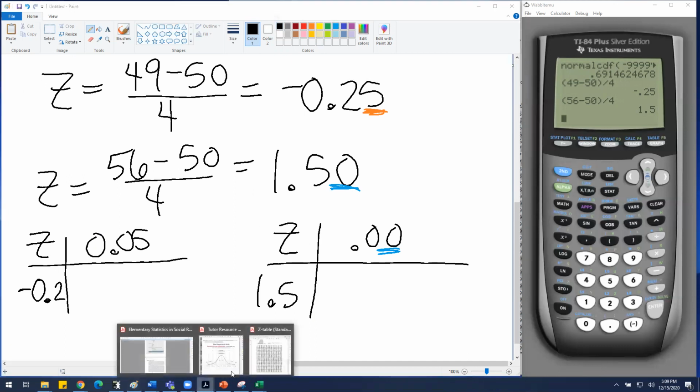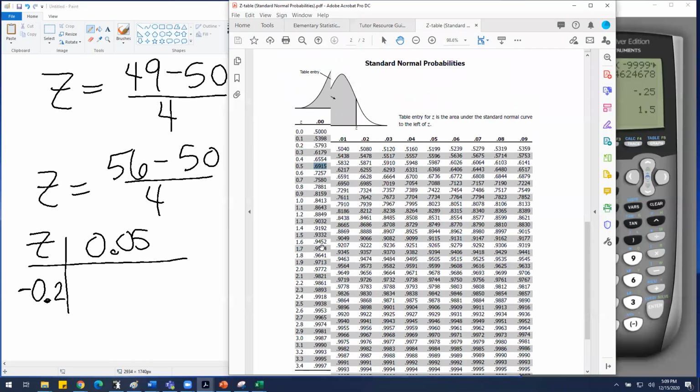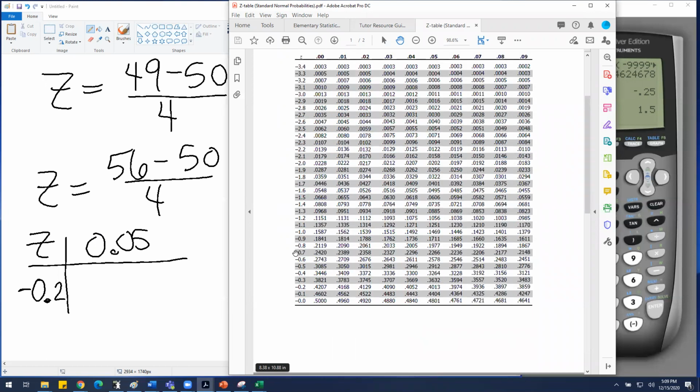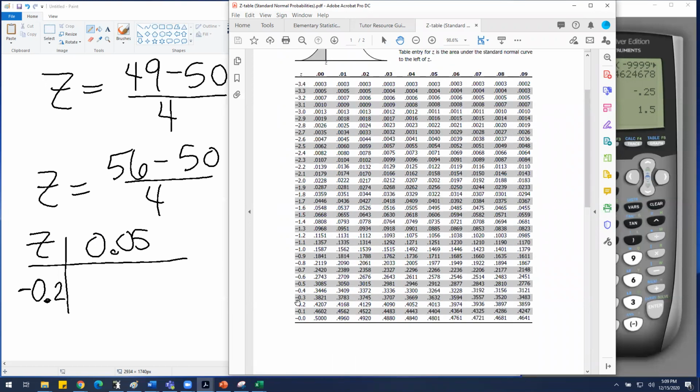So if we look at our table, negative is on the second sheet. So negative 0.2 and then go over to column 5. So column 0, 1, 2, 3, 4, 5.